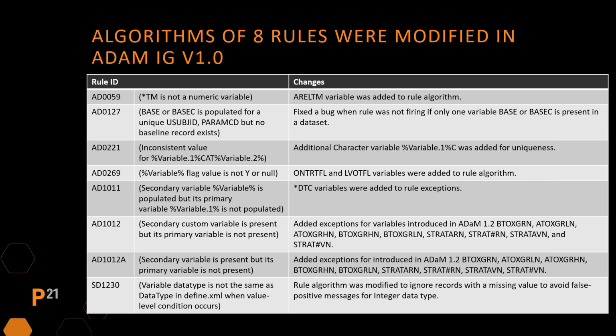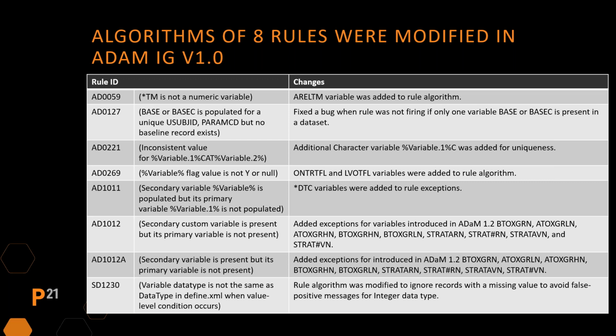AD1011 checks if secondary variables are populated, but primary variables are not populated in the dataset. For example, values for TRT01PN, which is a numeric coded variable for treatment, are populated in ADSL, but TRT01P, which is a character variable for treatment, is not.